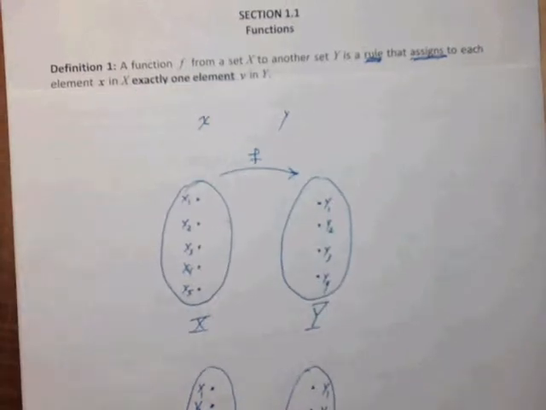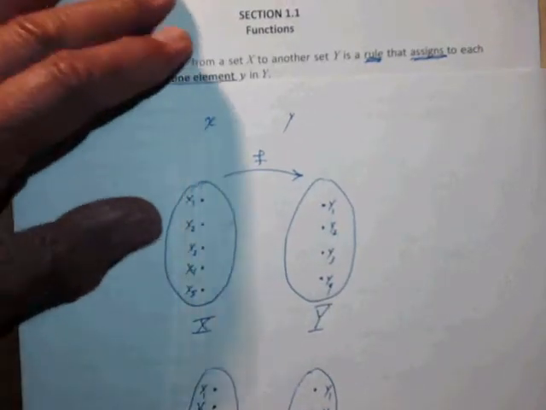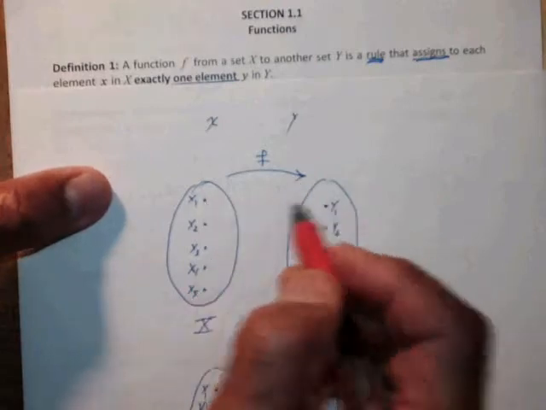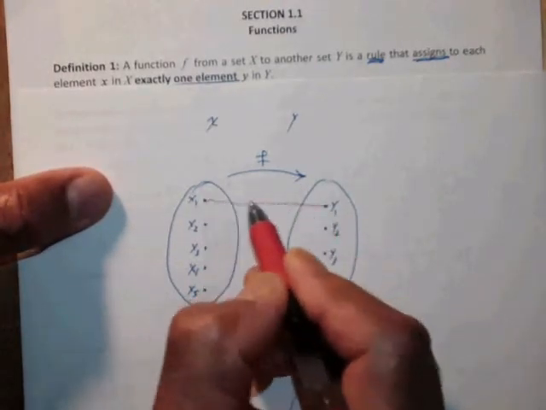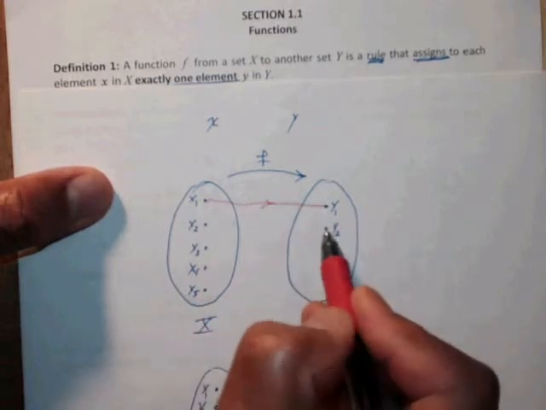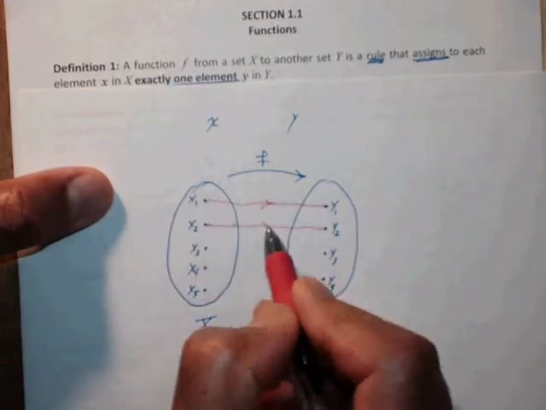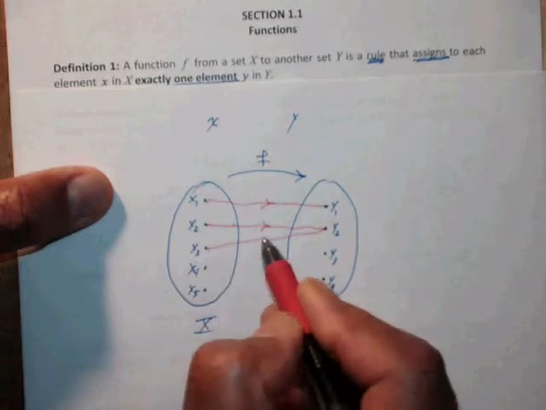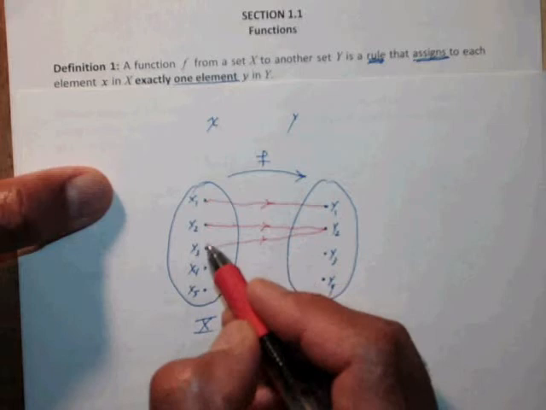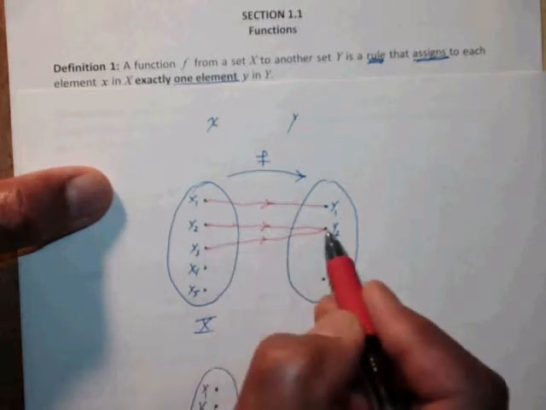So let me do the function first and then non-function second. Let's say for the sake of definition, I'm assigning y1 to x1, assigning y2 to x2, assigning y2 to x3. I can do that. I can assign 2 different x values to the same y value.